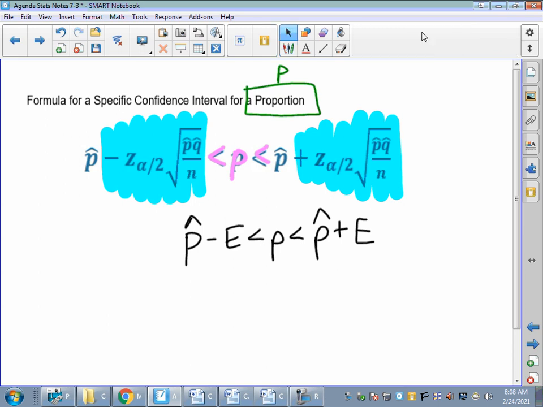Margin of error is just what we wrote on that last page. That's what we're adding and subtracting. So our population proportion is somewhere in between these two values. Now, when we actually go to the population and find this out, it might end up being there, it might not, but we feel 98% confident that it will be in that interval.